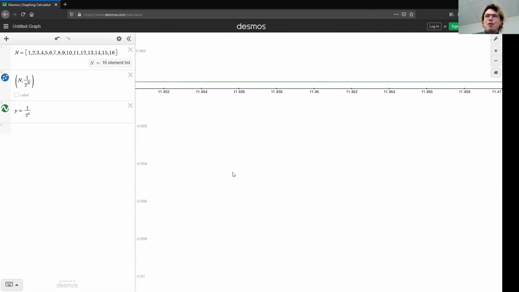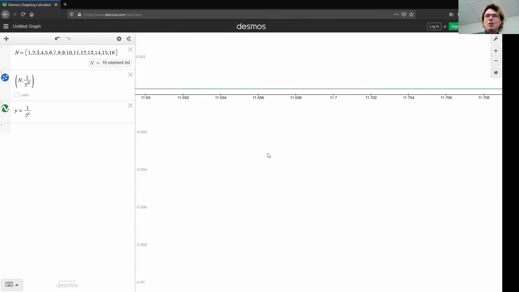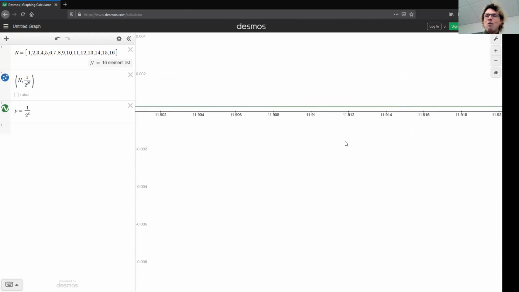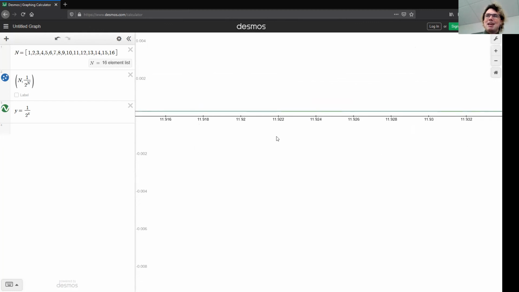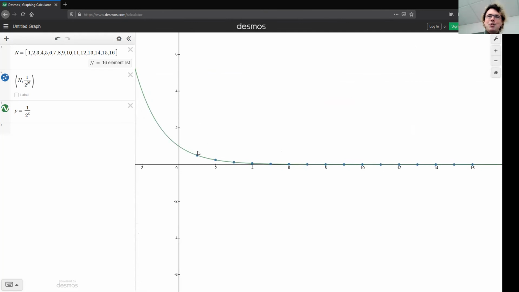But as I go farther and farther out, that green curve is getting closer and closer. And eventually, I won't be able to tell them apart at this level of zoom either. Now that idea also holds for these discrete points along the curve here.